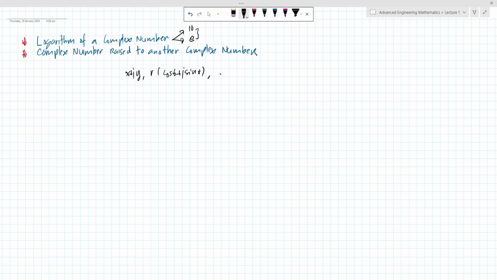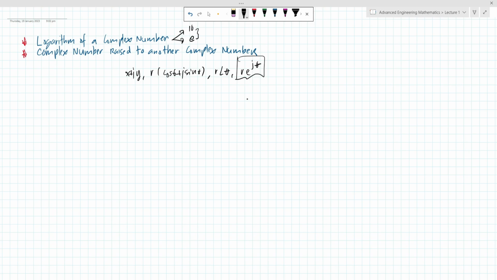We have the polar form, r cis of theta. We have the exponential form, r e raised to j theta. So in getting the logarithm of a complex number, the suited form is the exponential form.